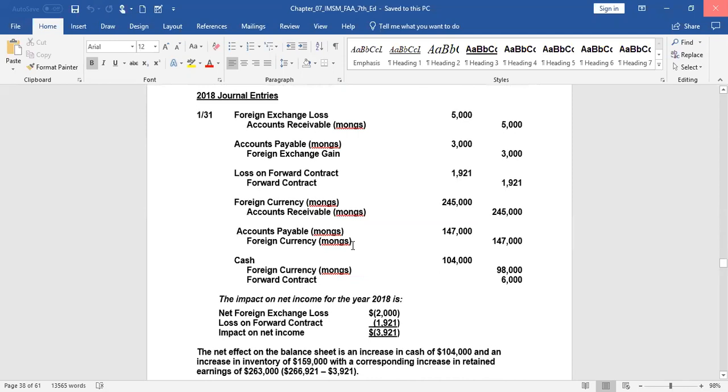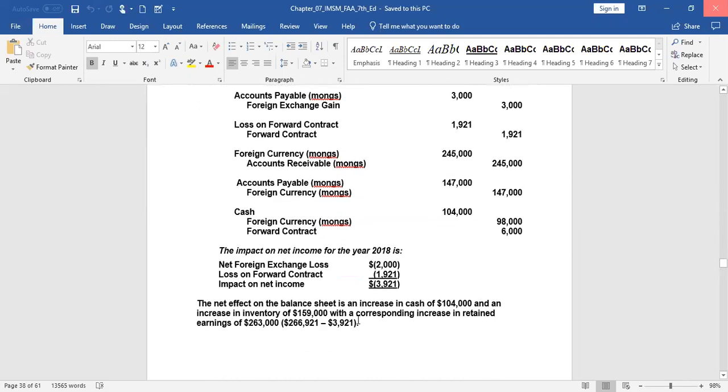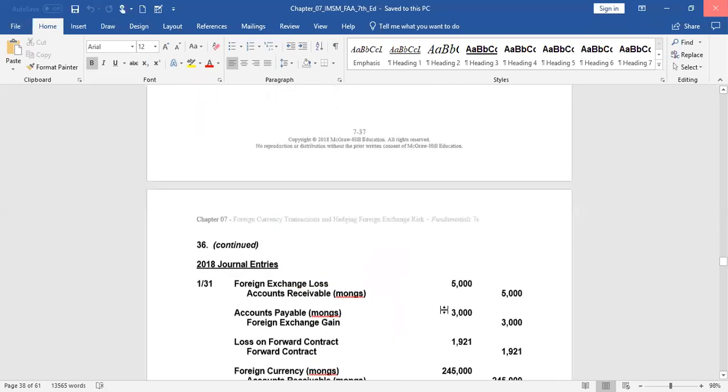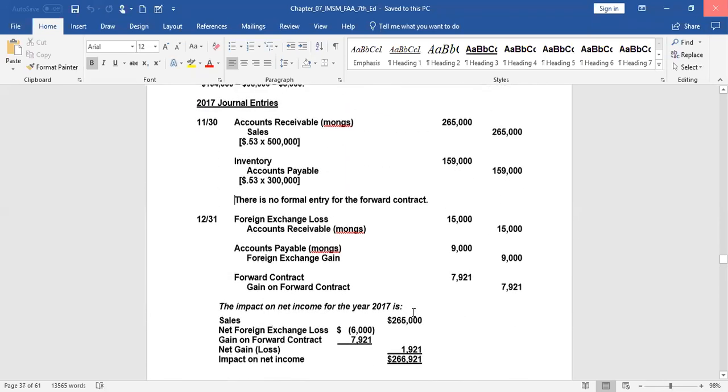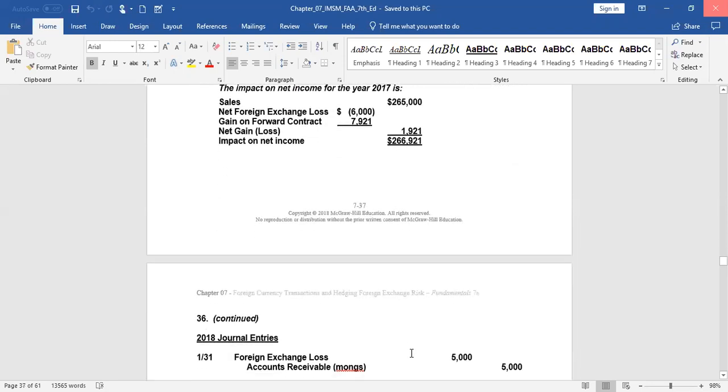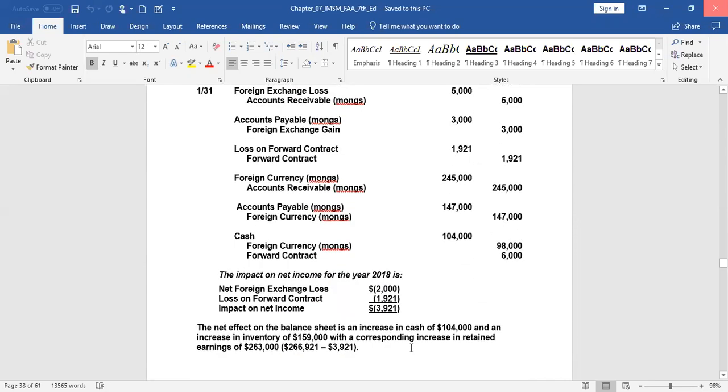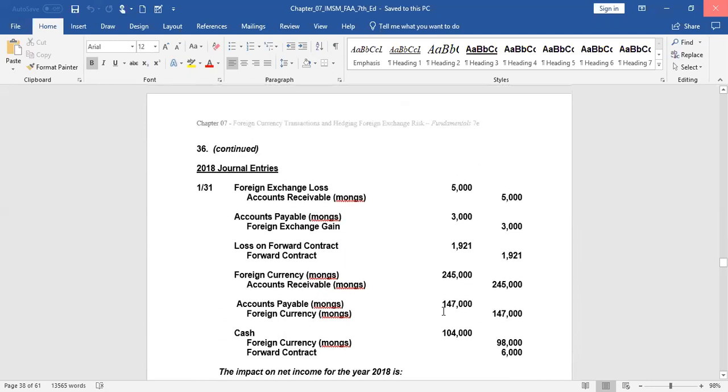Okay, so what's the overall impact? Well, $265,000 was the sale. We added $1,921 in gain, subtracted $2,000 in loss, and subtracted $1,921 in loss. So overall, there was a $2,000 loss.